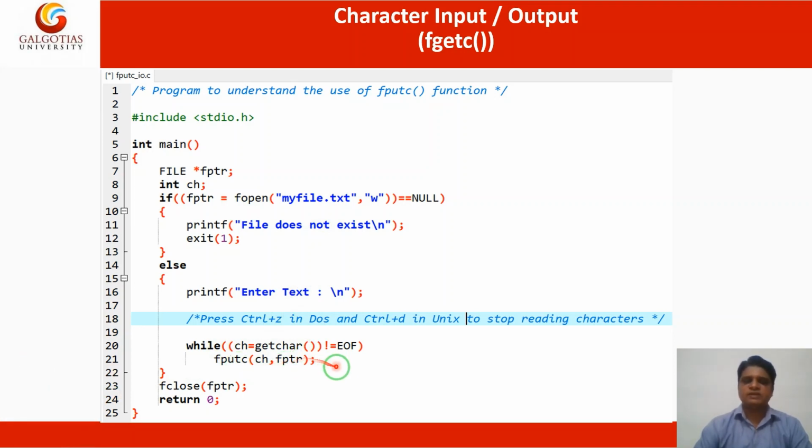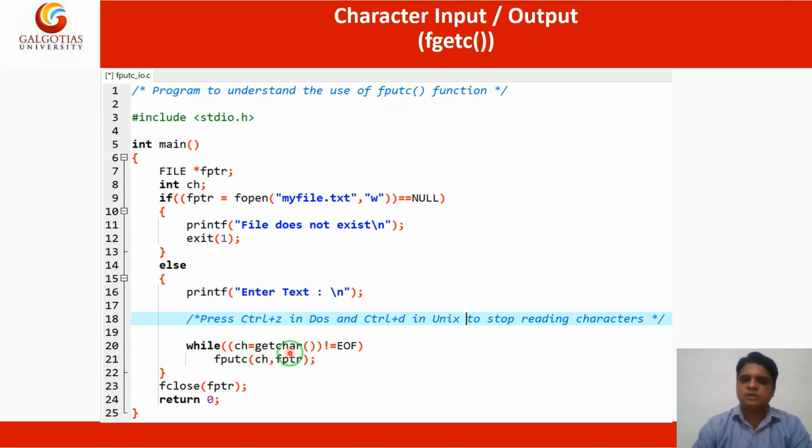It will get one character at one time, and if you want to exit this operation, you can press Ctrl Z in DOS or Ctrl D in Unix to stop reading characters. So here we write the data character by character, using getchar, and the looping will be done multiple times. If you enter Ctrl Z, then this looping will break.